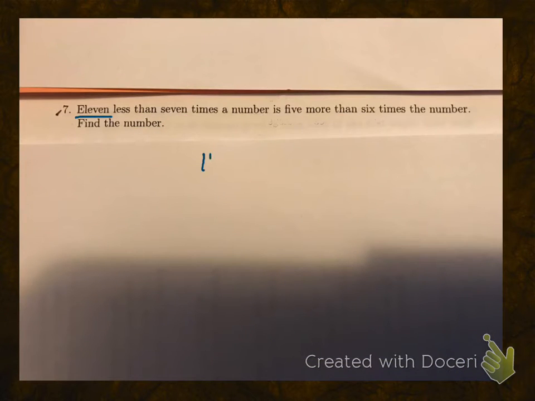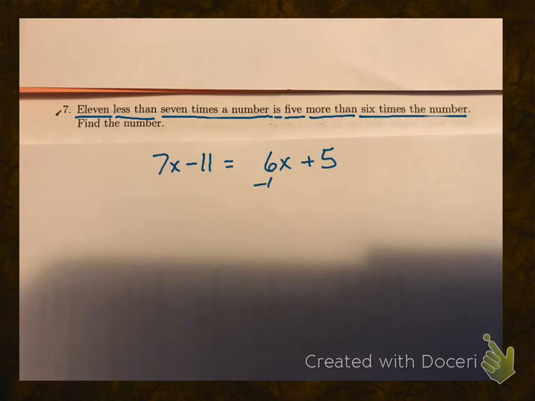Alright. 11 less than means minus in front. 7 times a number is means equals. 5 more than, plus in front, 6 times the same number, so 6 times x. And we're going to find out what x is.